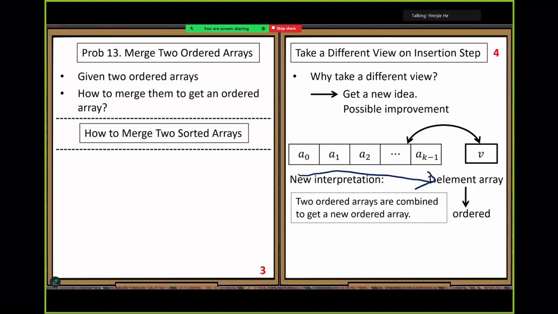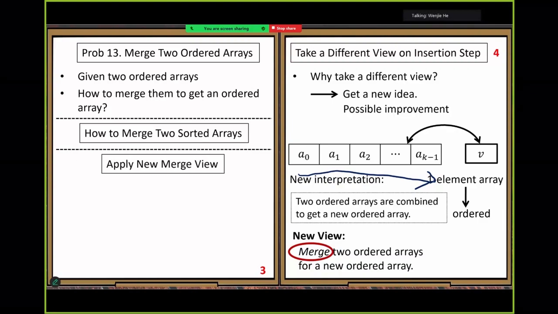And we need to modify our implementation details. So that's our new view. We need to consider our new view: merge two ordered arrays into a new ordered array. The implementation details, we want to modify our old implementation details from the merge step. That idea.